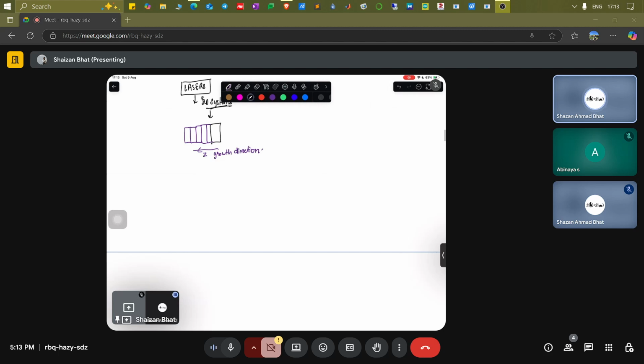And what are these layers? These are different layers. Let's say this is one layer, this is the same material, this is the same material, and in between you have a different material altogether, and you have many such layers. Let's say, for example, you have 100 layers of these systems.